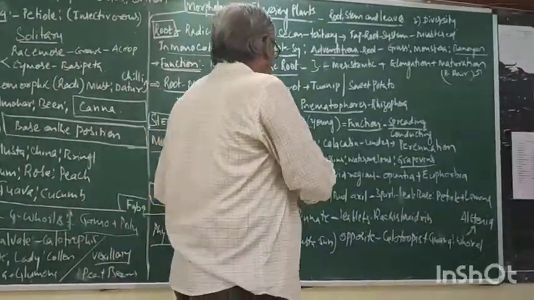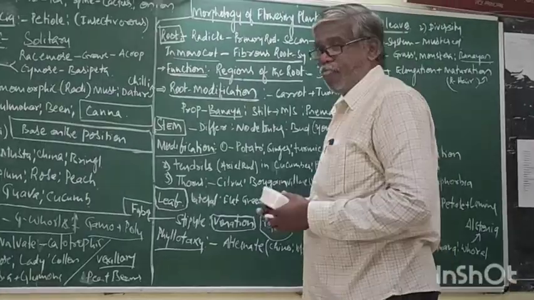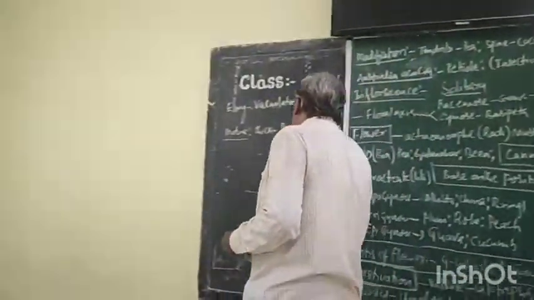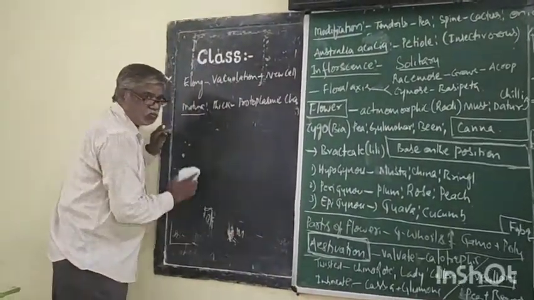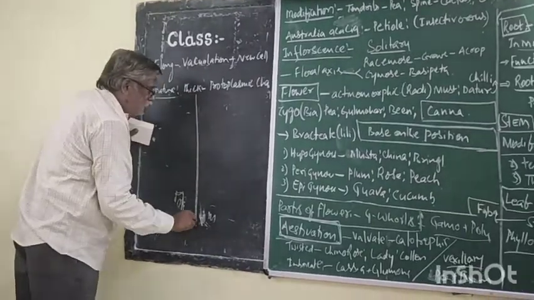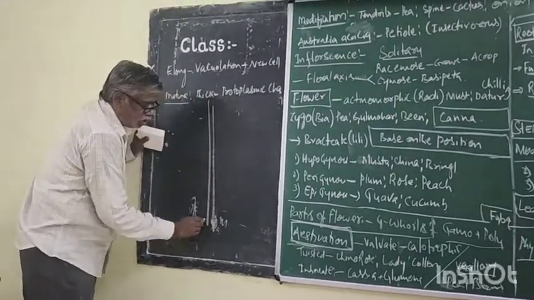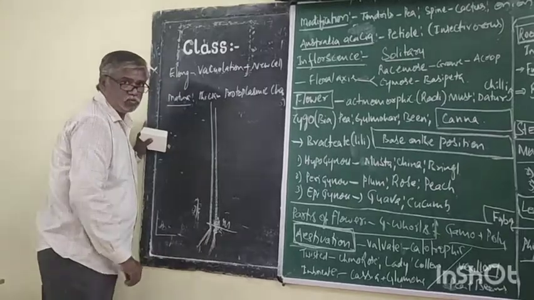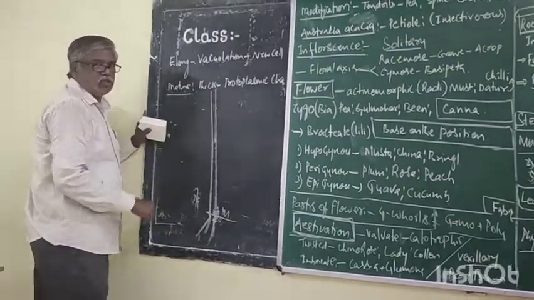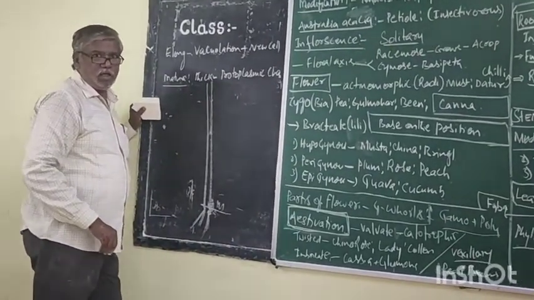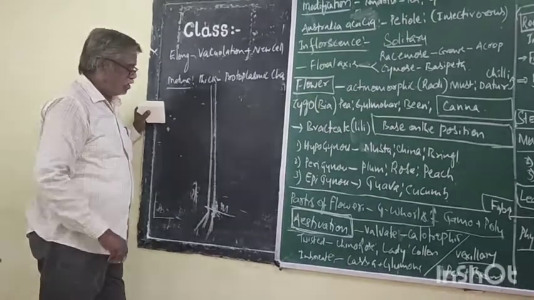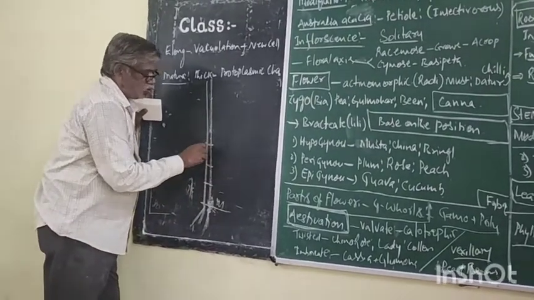Now come to maize and sugarcane. These are fibrous. The stem is very thick in sugarcane and maize. Right. Now what is this? Nodes and internodes.